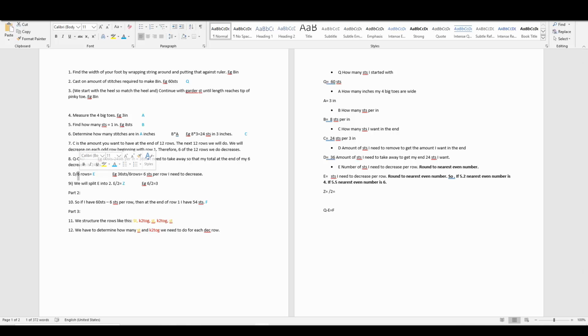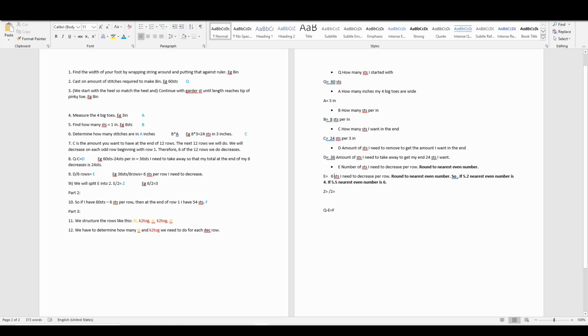Because it's 1, 3, 5, 7, 9, 11, that's the 6 rows that I'm decreasing. So I'm going to take D divided by 6. 6 is a fixed amount. Equals E. Write that number down. In this case, 36 stitches I have to decrease divided by 6 rows gives me 6 stitches per row I need to decrease. So write that down. 6 stitches I need to decrease per row.